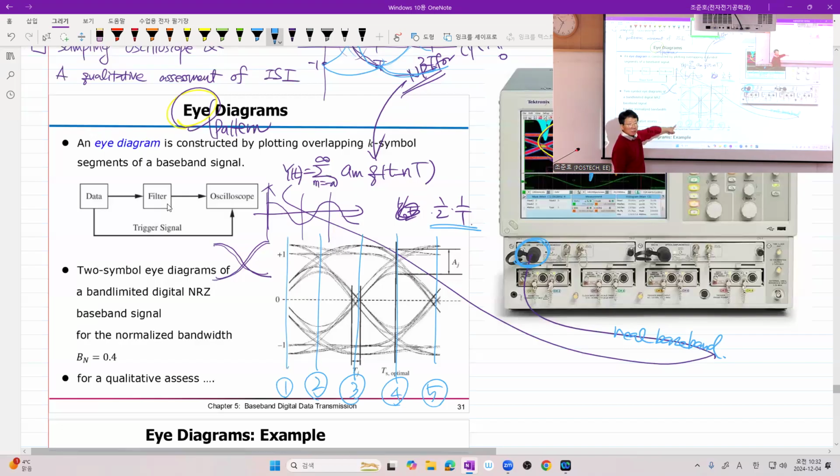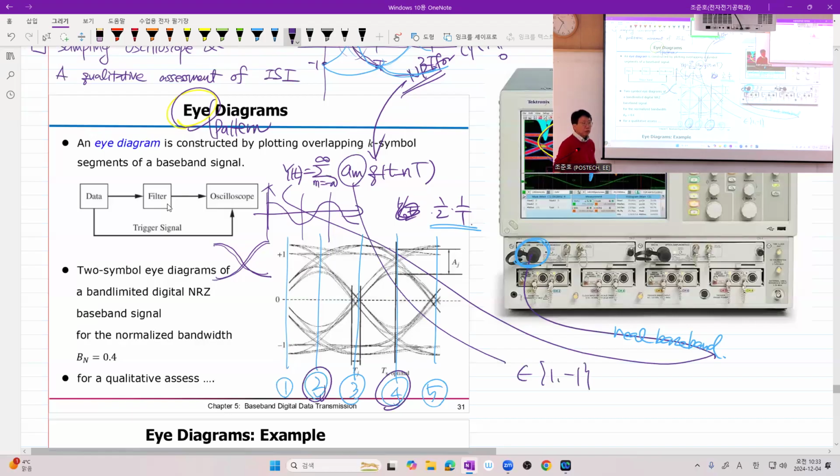1, 2, 3, 4, 5. Actually, you have two answers properly, 2 and 4. If this signal has this one in +1 and -1. See that?